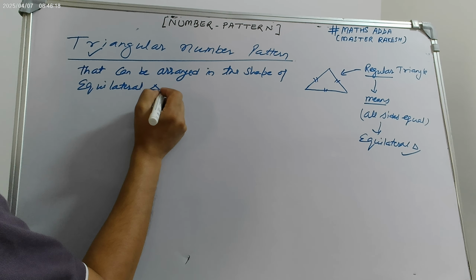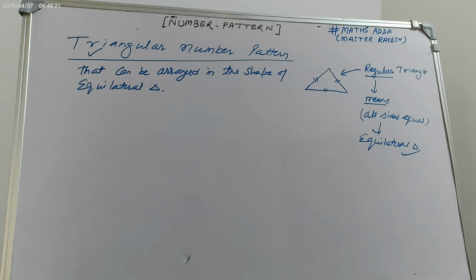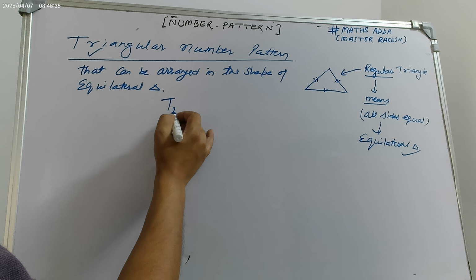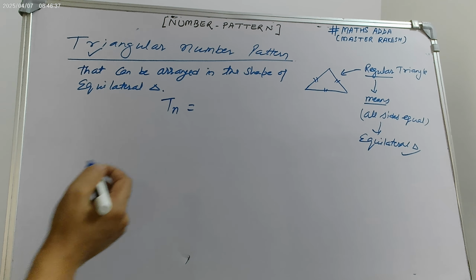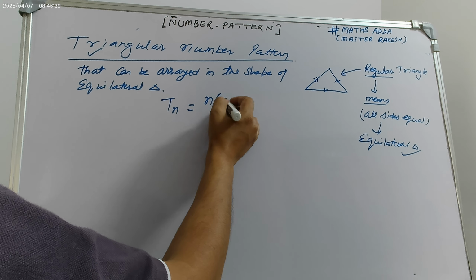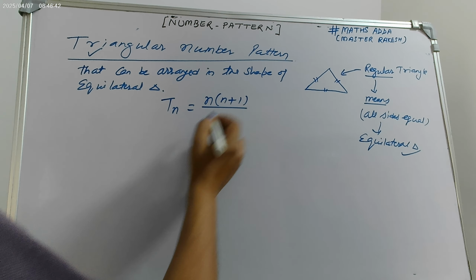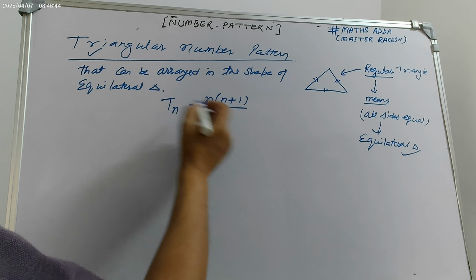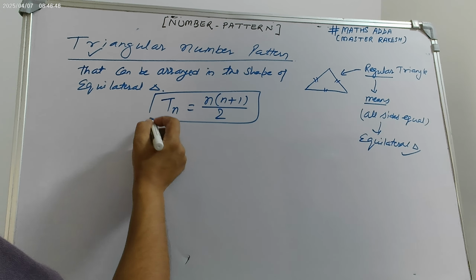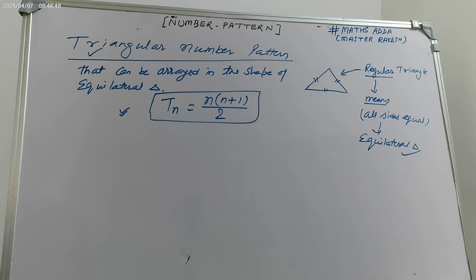This is the symbol of a triangle. The sequence which can be arranged in the shape of an equilateral triangle is known as triangular numbers. Actually there is a formula for this in the higher classes: Tn equal to n into n plus 1 upon 2. This is the formula for the triangular number patterns.